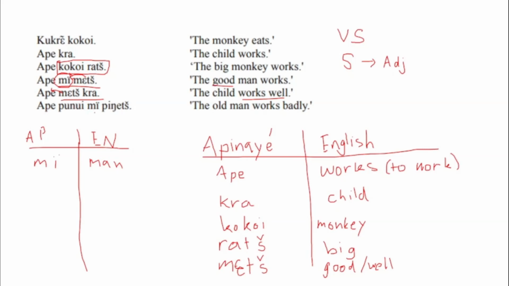Ape punui mi pinyet. So works badly. Badly is modifying works here. And since it comes at the beginning, punui is modifying ape, which is badly. So punui has to be, or could be, badly. Obviously there will be exceptions. Right, okay.